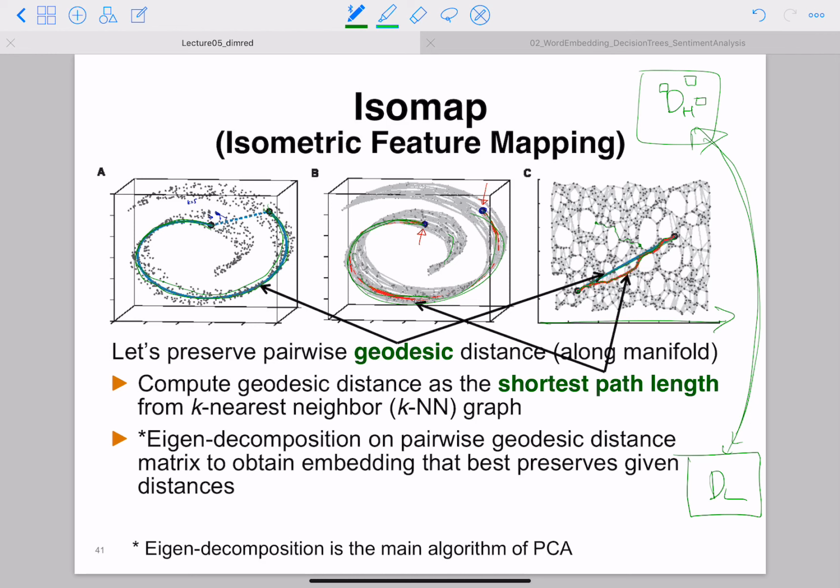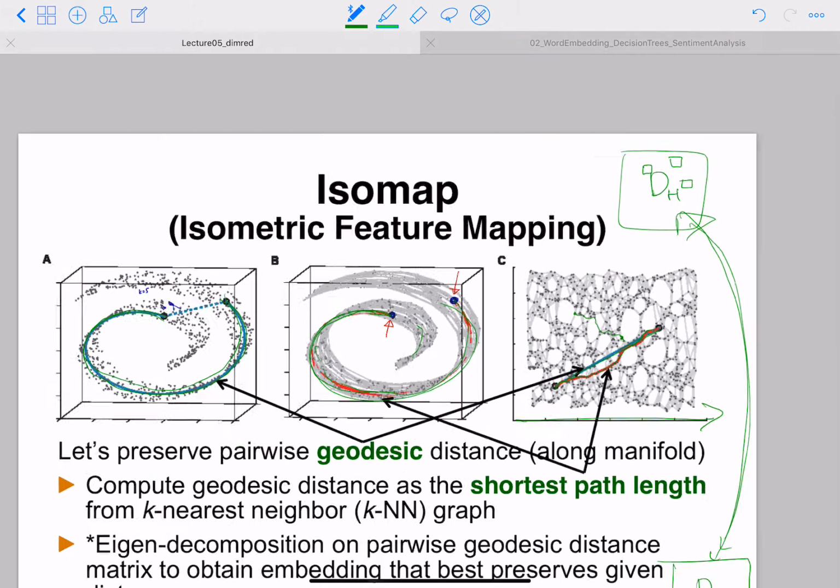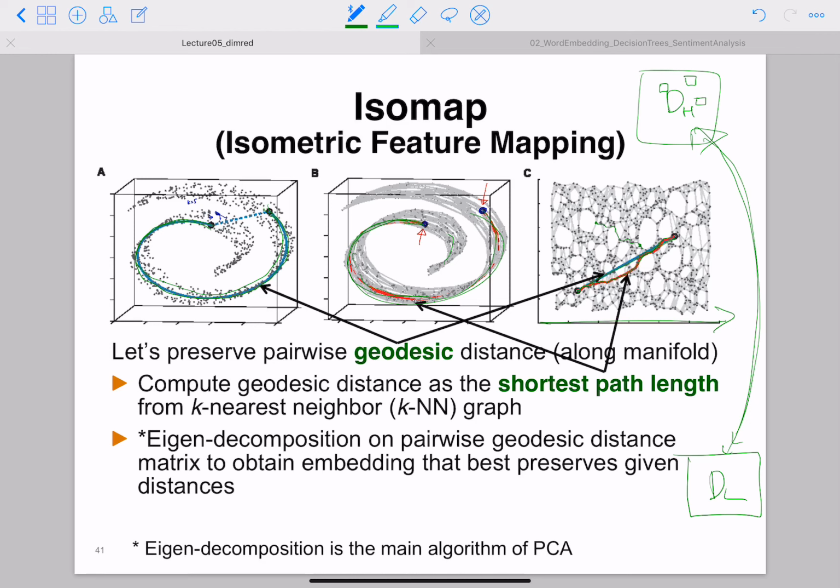In that case, our Euclidean distance in this low dimensional space will be approximately as close as possible to the distance along this manifold in the pixel space. That way we map this curved axis into a straight axis in our reduced dimensional space.